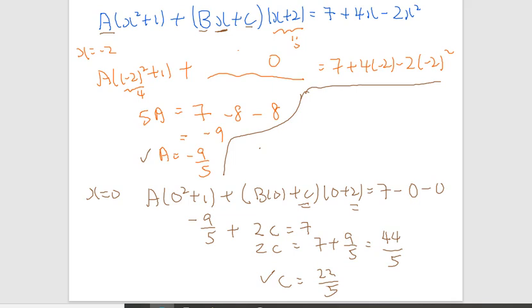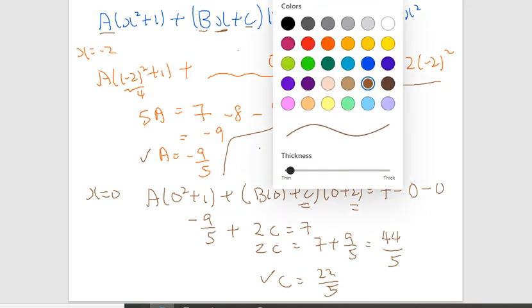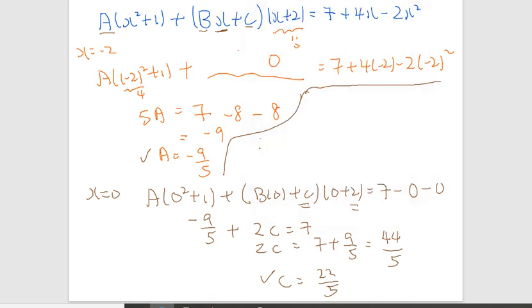So you choose x to be 1. Then it will be a bracket 1 squared plus 1, then plus b plus c, then 1 plus 2. You just sub x as 1. So it's 7 plus 4 minus 2.